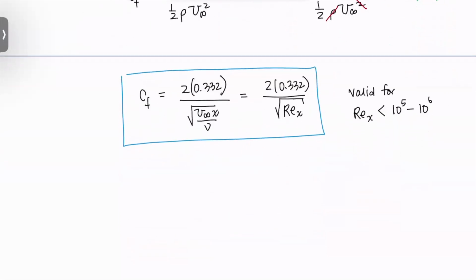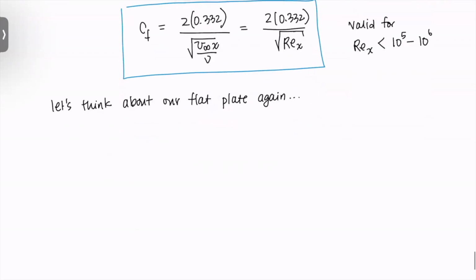Okay. So if we go back to thinking about our plate, all right, so we have a completely flat plate like so, and then we have an incoming fluid like this.